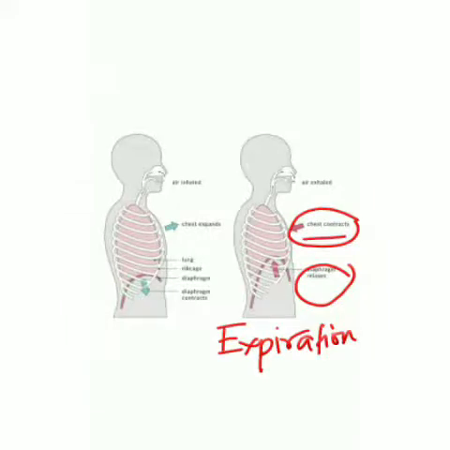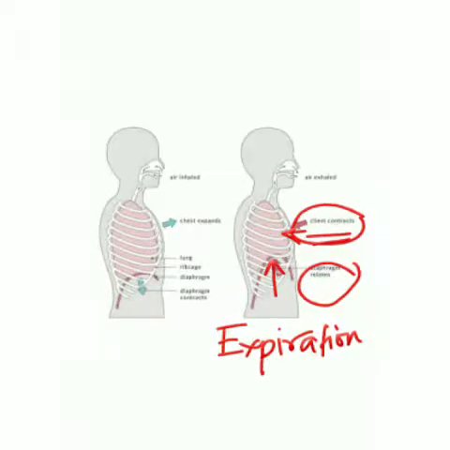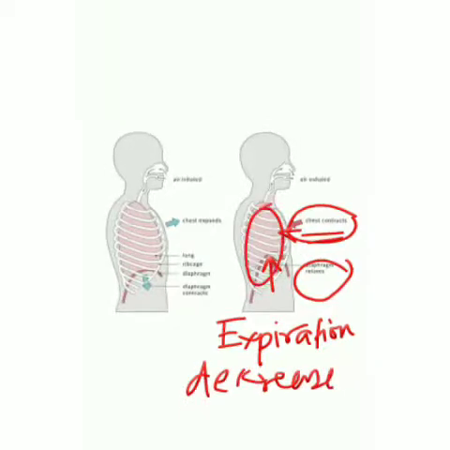So chest contracts means here the intercostal muscles relax and the ribs move automatically inward, means to their original position, whereas the diaphragm relaxes and moves upward to its dome-like outline. That means in this case the volume of the thoracic cavity decreases and the lungs are compressed, forcing the air out into the atmosphere.